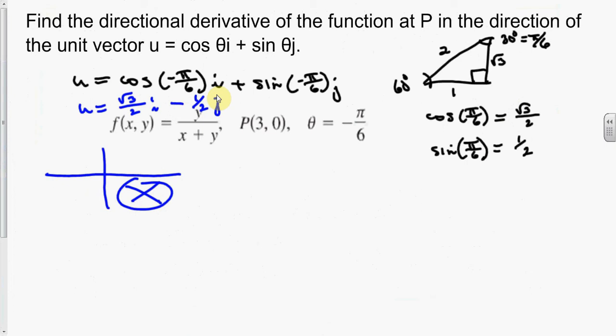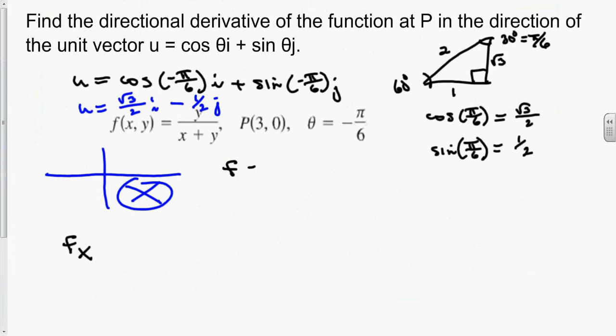So the cosine theta is the square root of 3 over 2, and the sine theta is negative 1/2. So we'll use that for that formula. The formula also called for those partial derivatives. So we need the partial of f with respect to x.